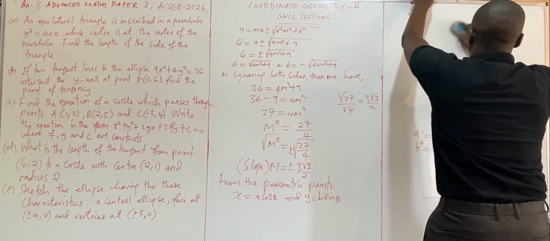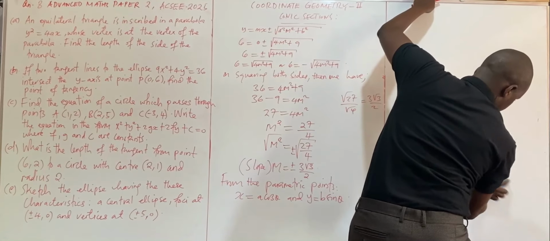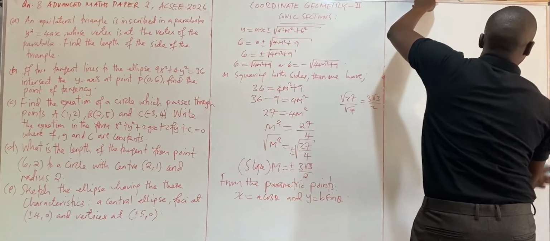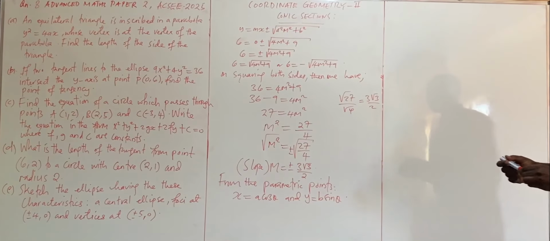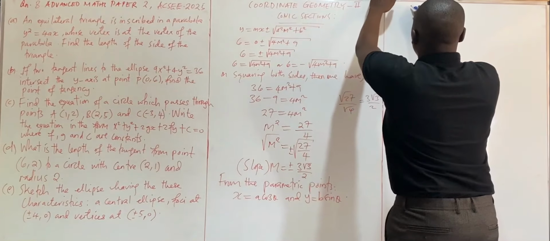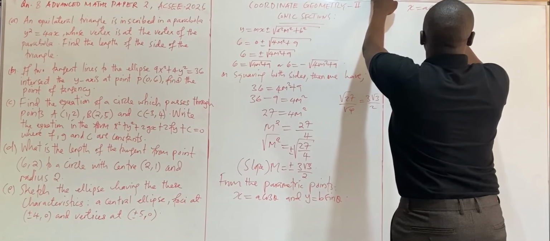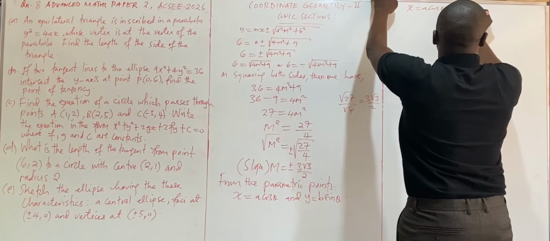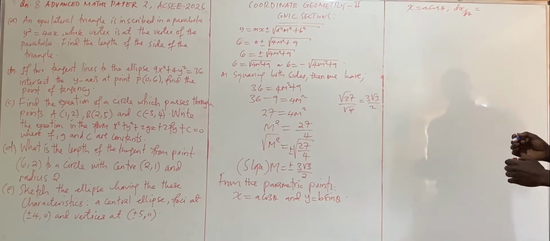We are still on a good track to reach the final stage. So here, for x equals a cos of theta, now let's find dx d theta through the application of differentiation.